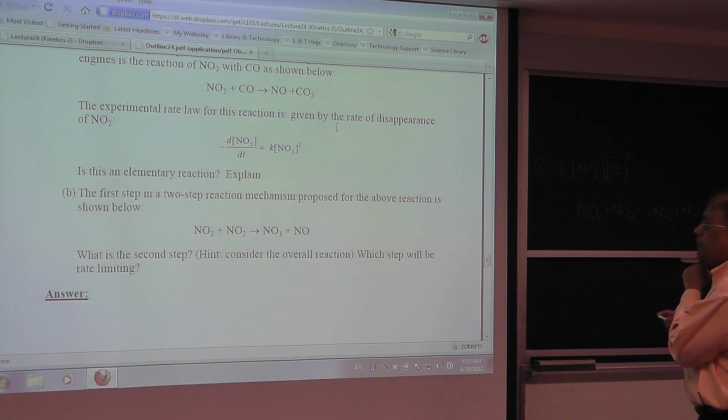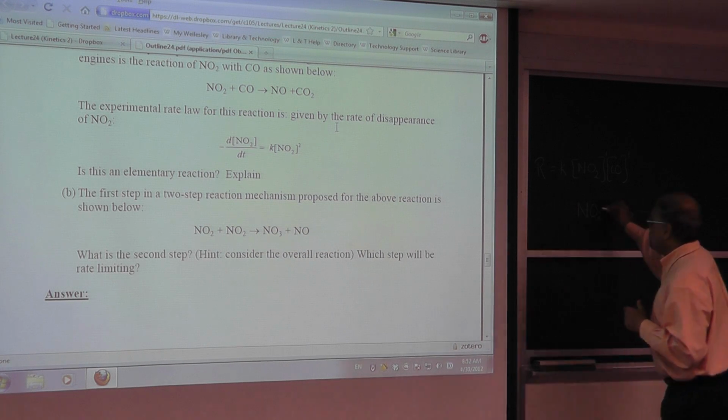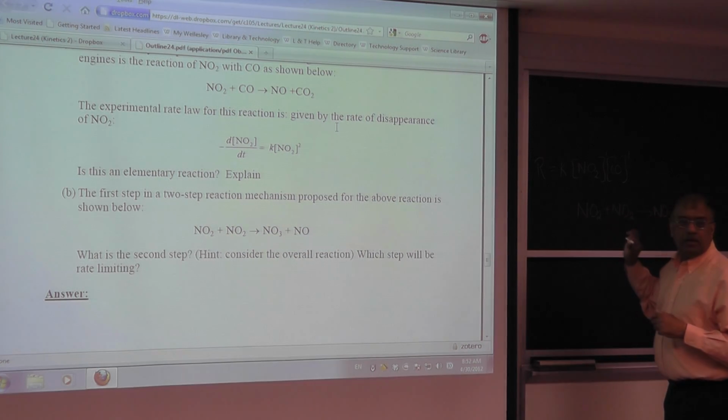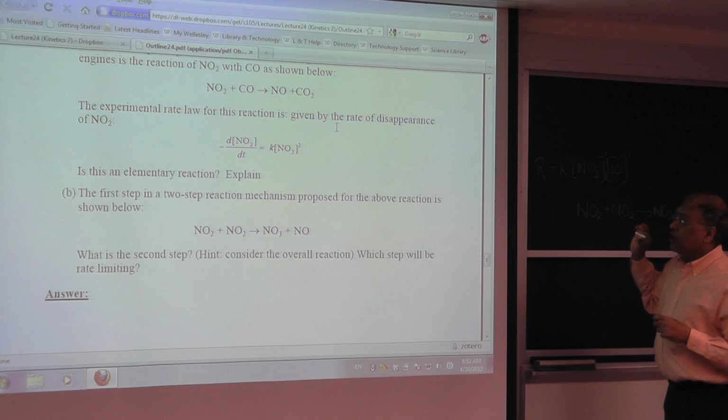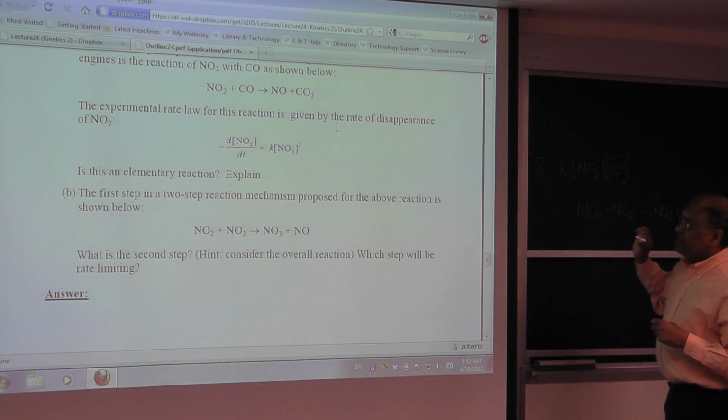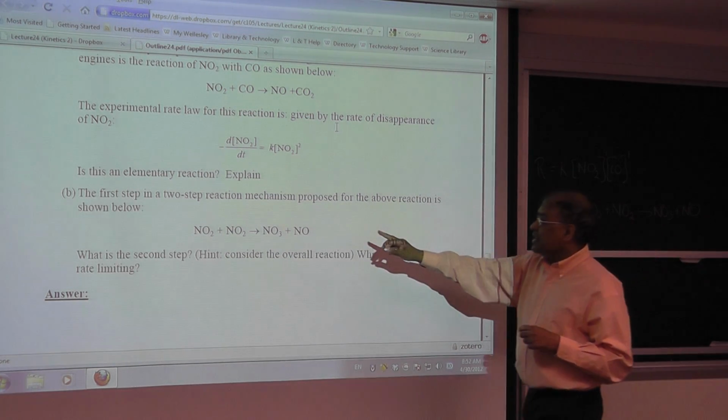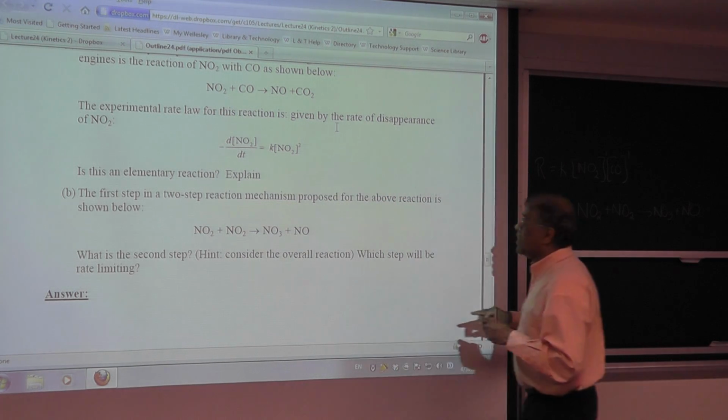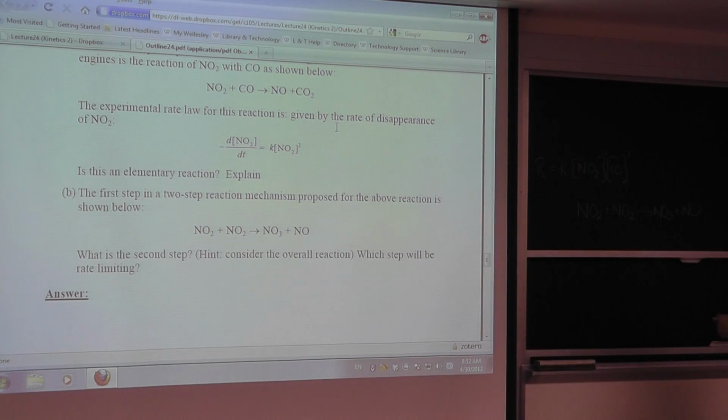The second step, when added to the first step, must give you what? The overall reaction. So if I have two NO2s on the left-hand side and I have only one NO2 on the left-hand side in the overall reaction, then what must the second step be?